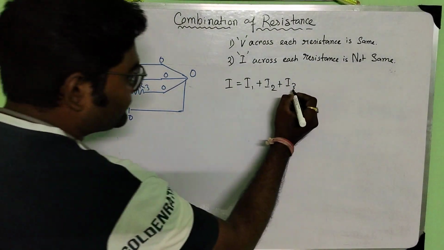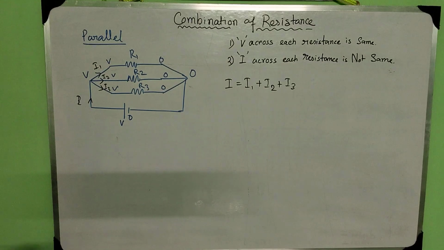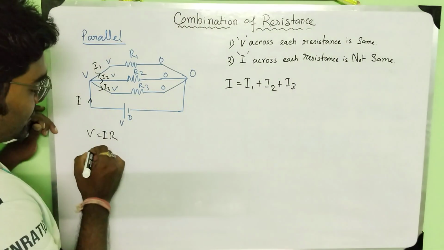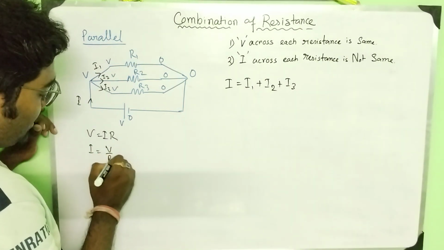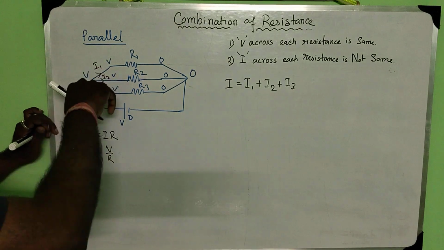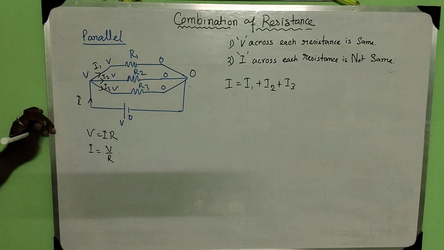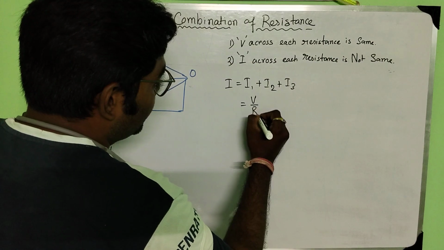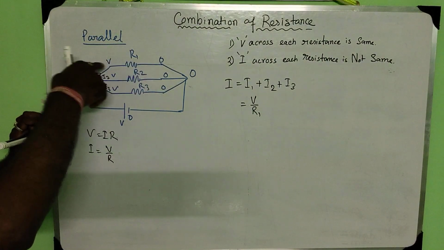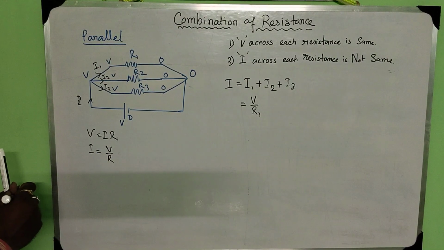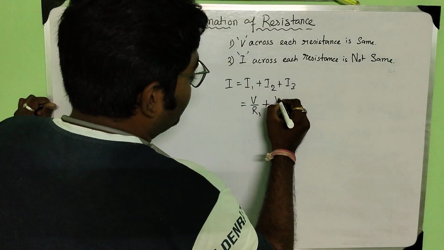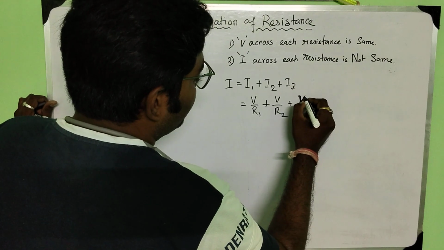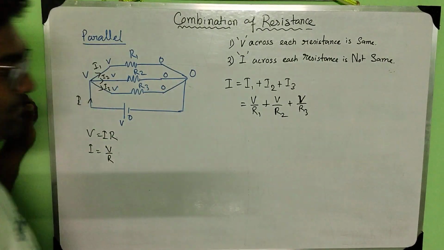Now we know that V equals IR, so I can be written as V by R. So I1, the current across the R1 resistance, equals V by R1. Since the voltage across each resistance is the same, I2 equals V by R2, I3 equals V by R3.